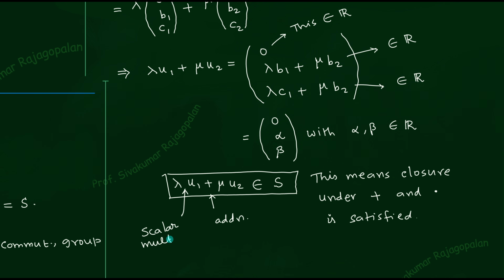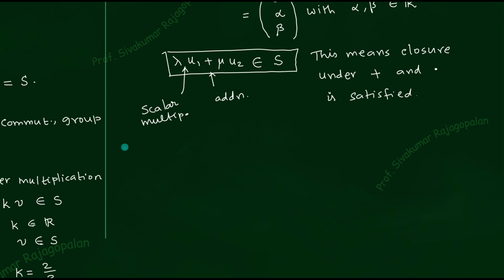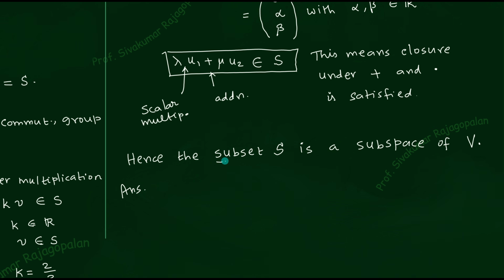And therefore, we can write down the conclusion. I'll write that down. So the conclusion is, hence the subset is a vector space. Subset becoming a vector space, I already told you, is called a subspace.